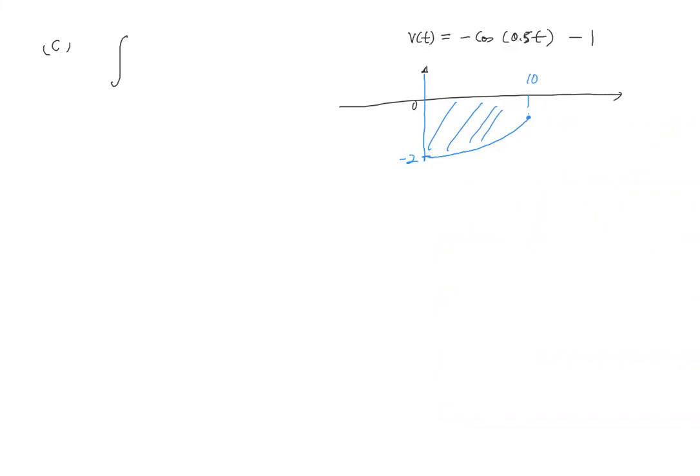So if I integrate Vt from 0 to 10, I will get a negative value, right? So I want to make it a positive value. What I do is I integrate the other way around. If I integrate from 10 to 0, Vt dt, I will get a positive value. So I put 10 to 0, negative cos 0.5 t minus 1 dt.